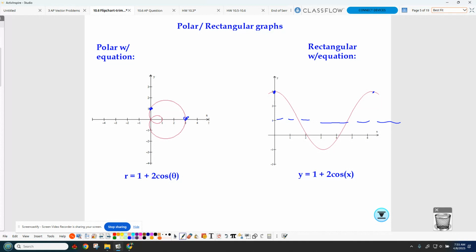And then somewhere in there, this is going to equal 0. Cosine equals negative 1/2 at 2 pi over 3 and 4 pi over 3. That's when it's going to hit here. Then at pi, cosine is negative 1 times 2.